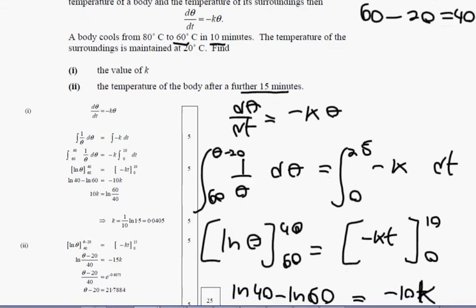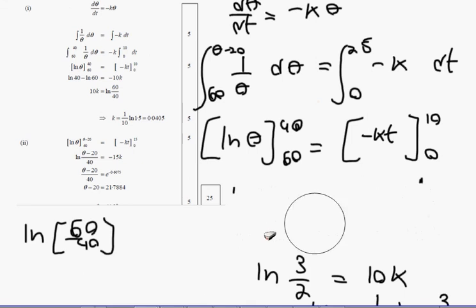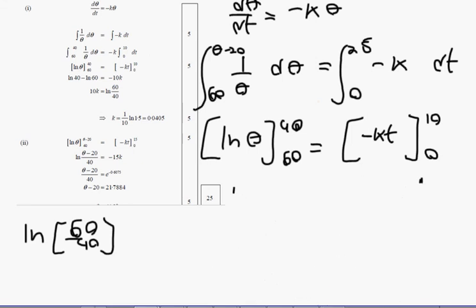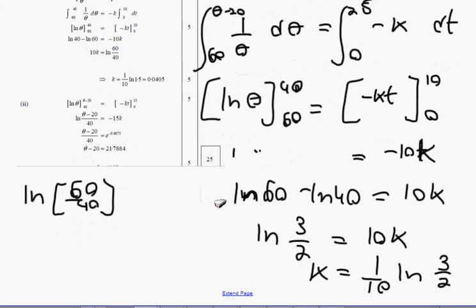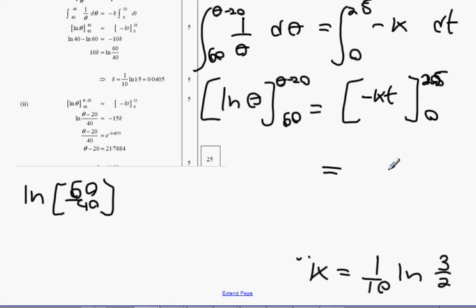So, and then I'm going to integrate, okay? I'm going to integrate like last time, except with one or two little changes. What we're going to do is leave the k value here because we're going to need it soon, and this here changes to theta minus 20. And this here is 25 and 0. So we're going to get minus 25k, and that's going to be equal to ln theta minus 20 minus ln 60.